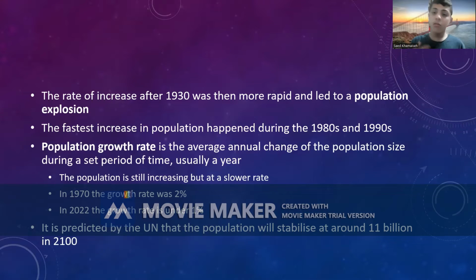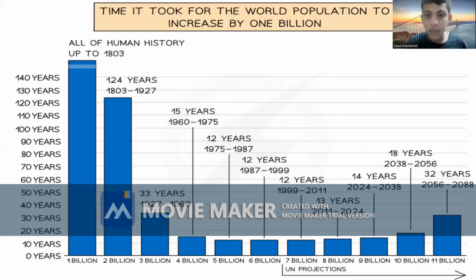So now let us repeat it very fast. The rapid increase after 1930 was more rapid and led to a population explosion. The fastest increase in population happened during the 1980s and 1990s. Let us see.